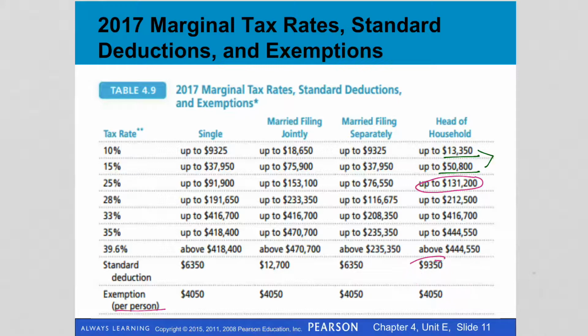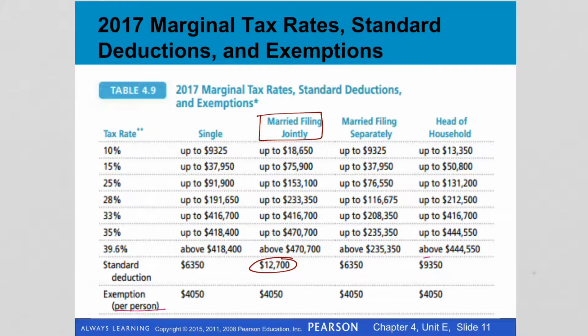they are married, it said filing jointly. So we're under this one. They get a standard deduction and an exemption per person. Let's see, did they have kids? Nope.